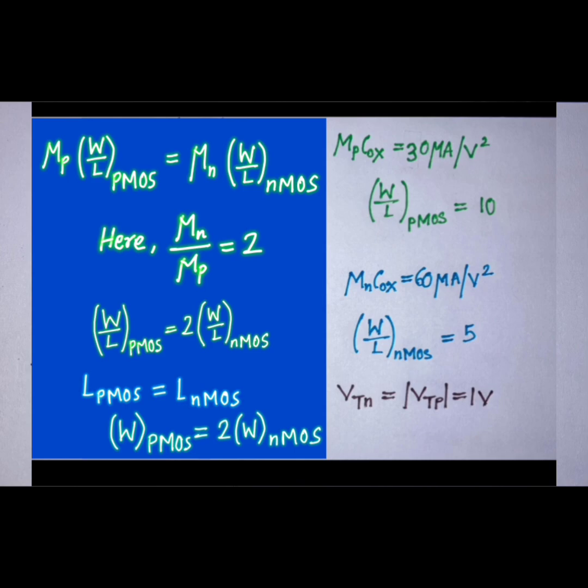So to have the same current, since the mobility of the electron is almost twice the mobility of holes, the width of the PMOS is kept twice the width of the NMOS. This is basically a thumb rule which we generally follow while designing.